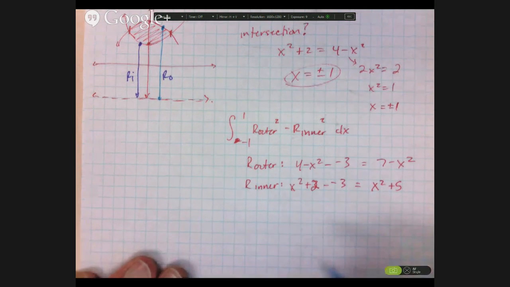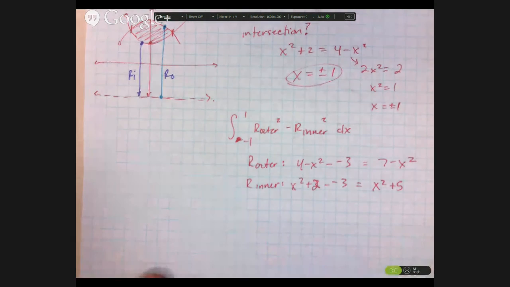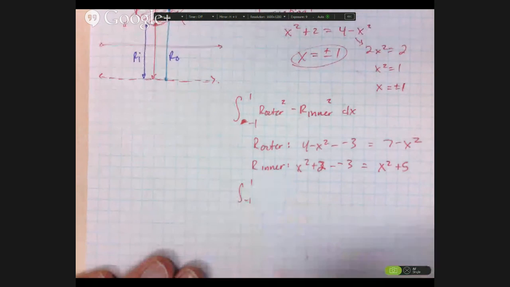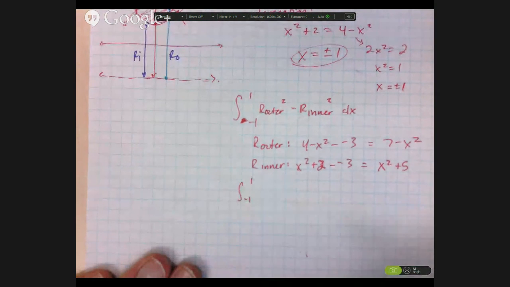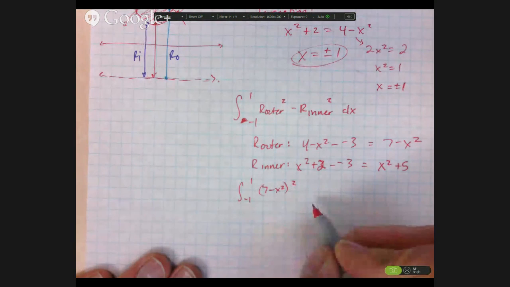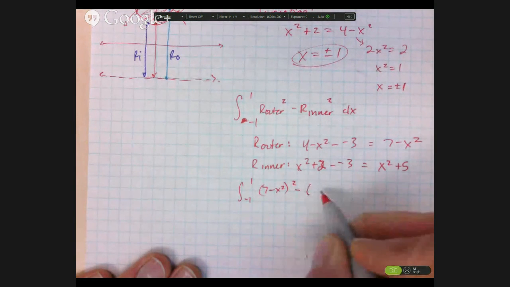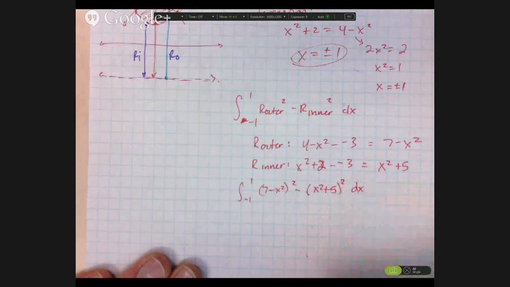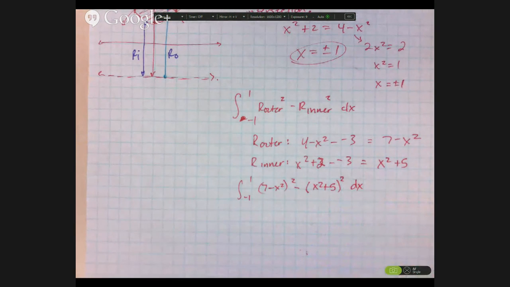All right, so set your integral up. The outer is 7 minus x squared. And then the inner.